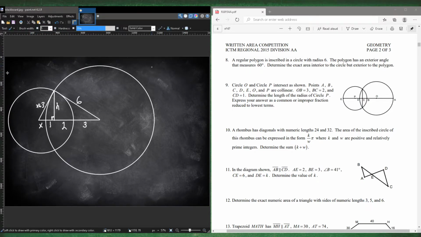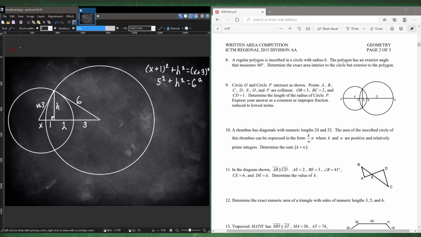We have x plus 1 on the bottom right here, so x plus 1 squared plus h squared is equal to x plus 3 squared. On this side, we have 2 plus 3, which is 5, so 5 squared plus h squared is equal to 6 squared.